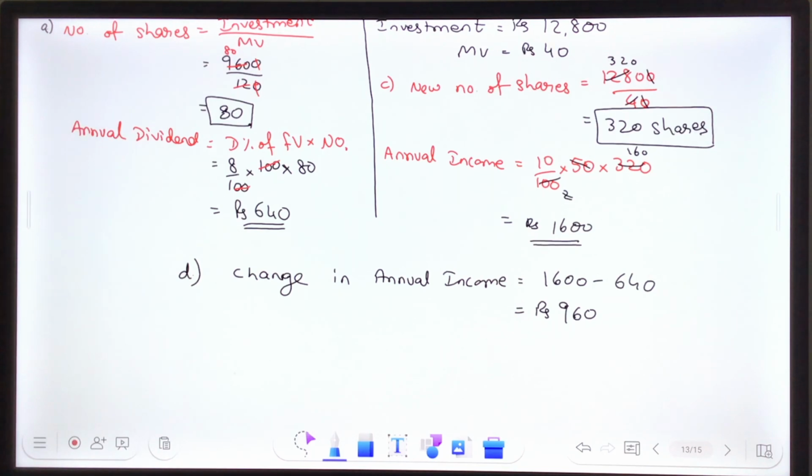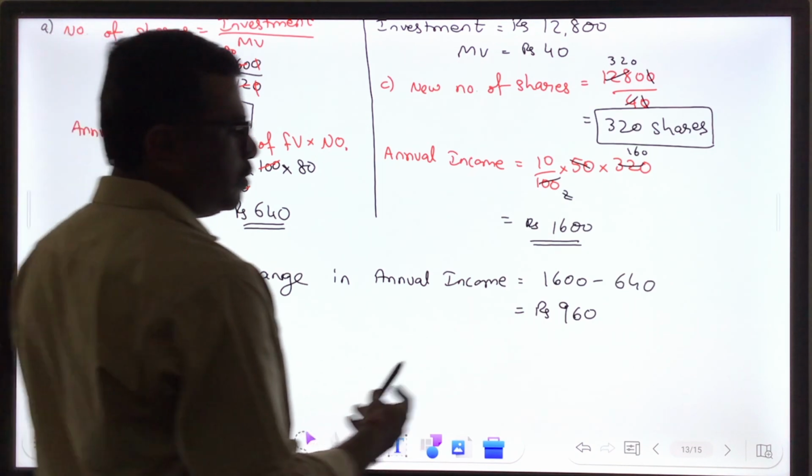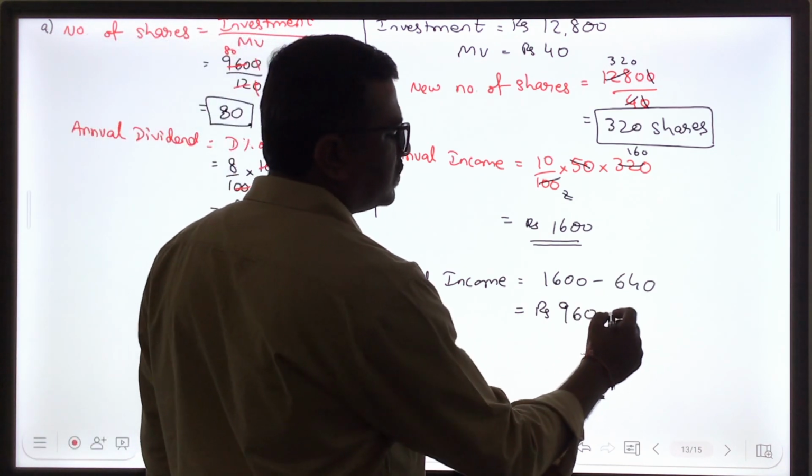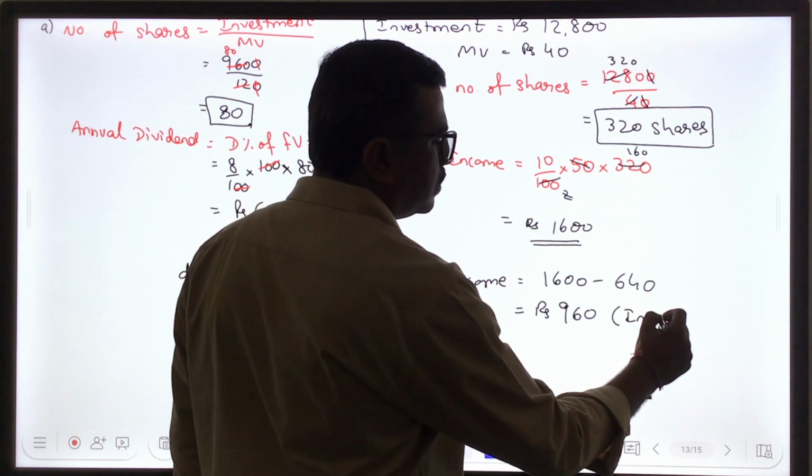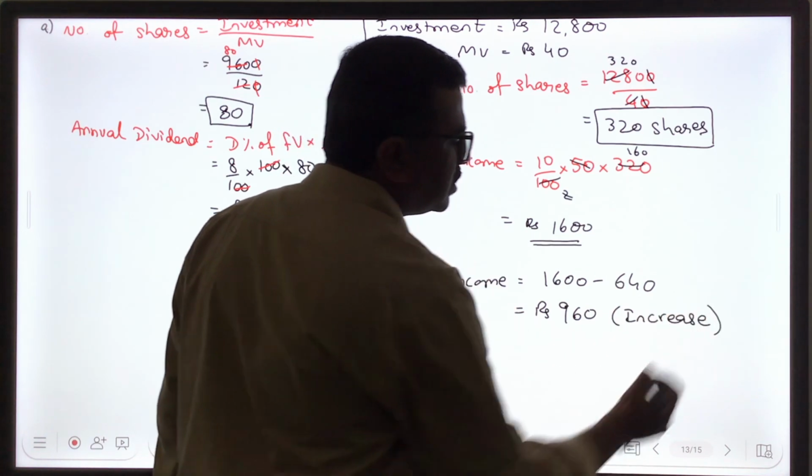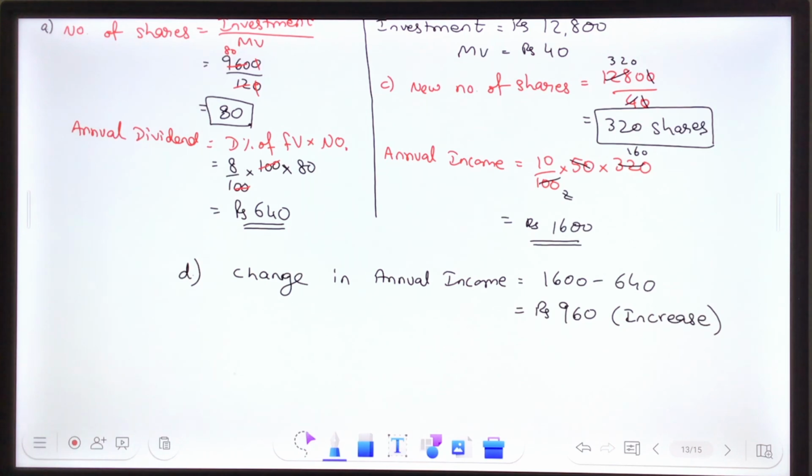And you can see that change is of which type? The annual income is getting more. So the change in annual income is increase of rupees 960.